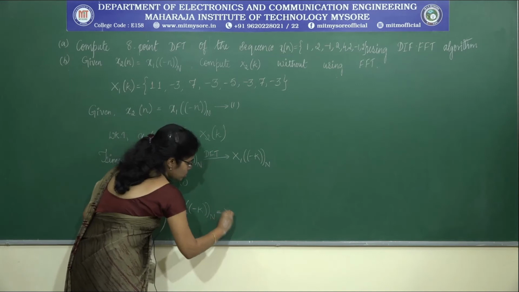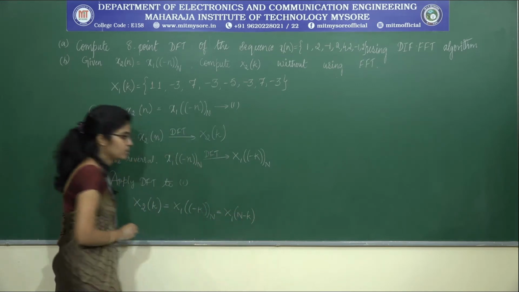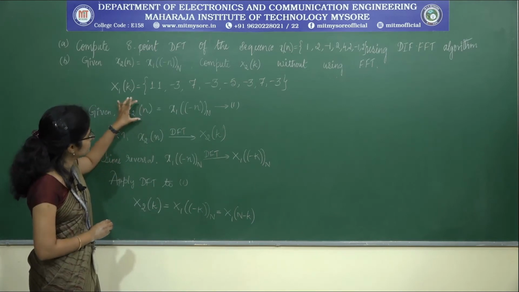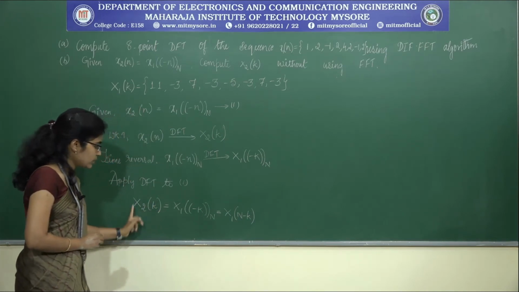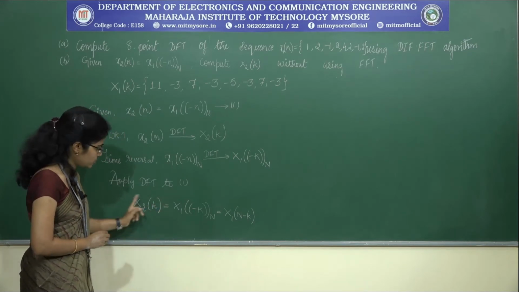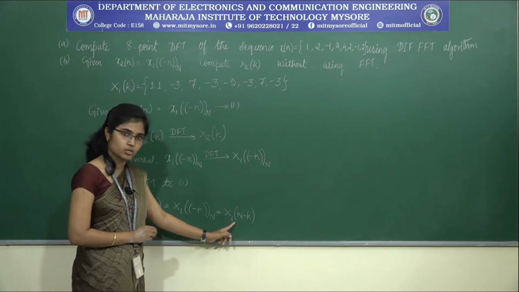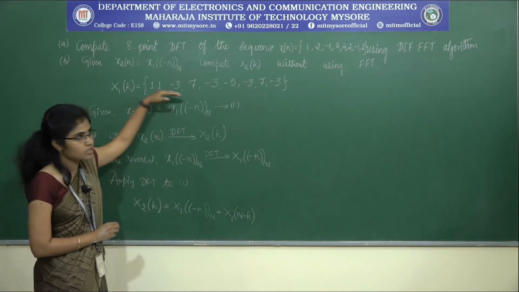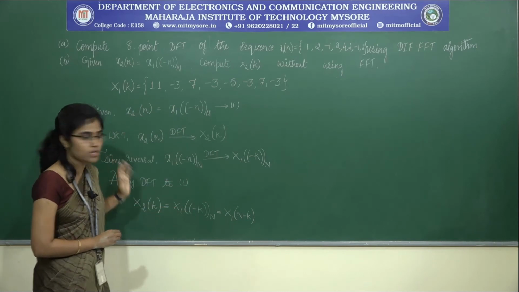So this can also be written as x1 of n minus k. Okay. Now from the given relationship we deduce this. In order to find x2 of k, I got the relationship of x2 of k with respect to x1 of k. I know what x1 of k is. With the help of this equation, let us try to find out what x2 of k is.